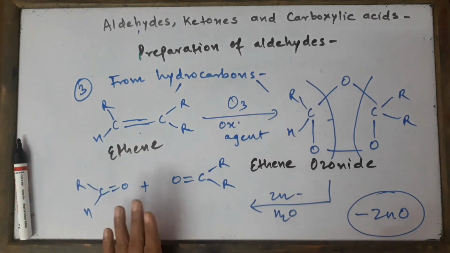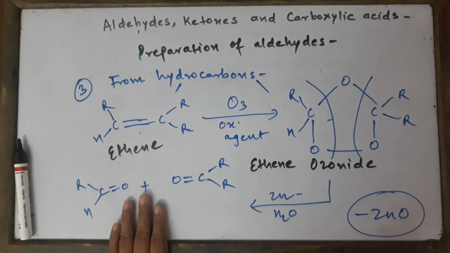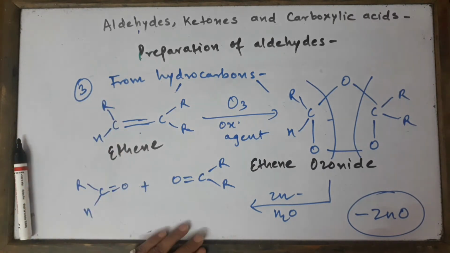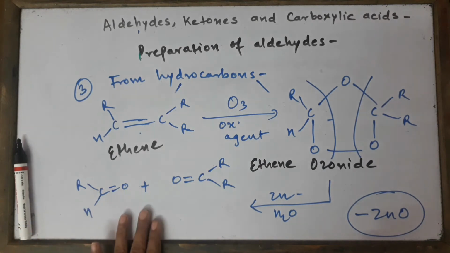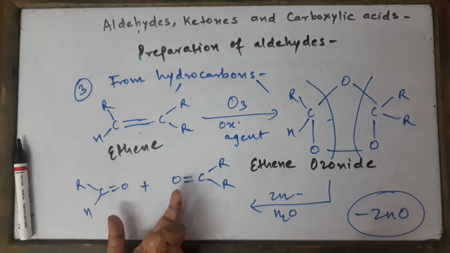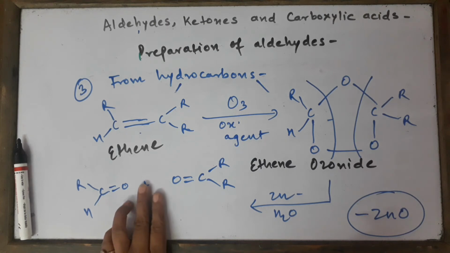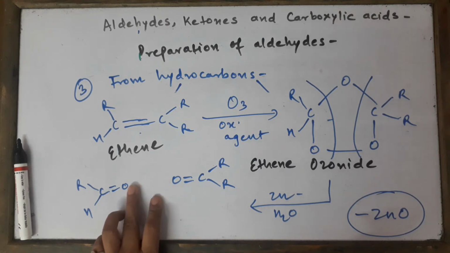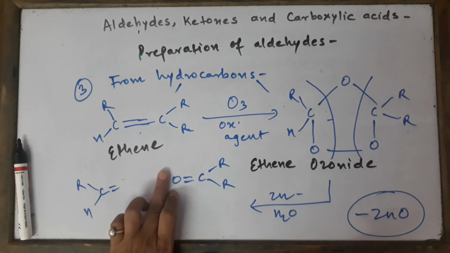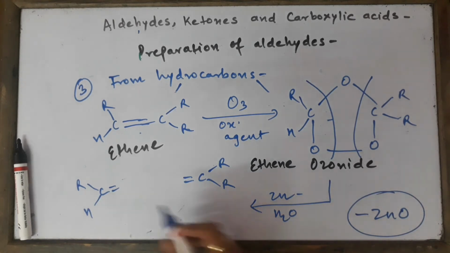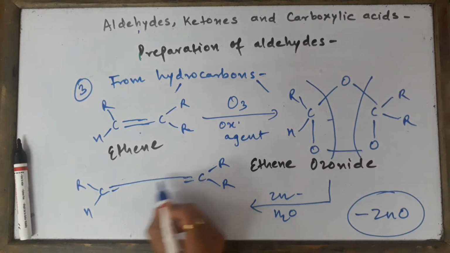Now the question which can be asked in the board exam is, what are the possible products of ozonolysis of an alkene? Or the second question they can ask is, what was the alkene which gave you these two products? In that case, just remember, I'm going to join these two compounds by removing their oxygen atoms, and connect them by a double bond.